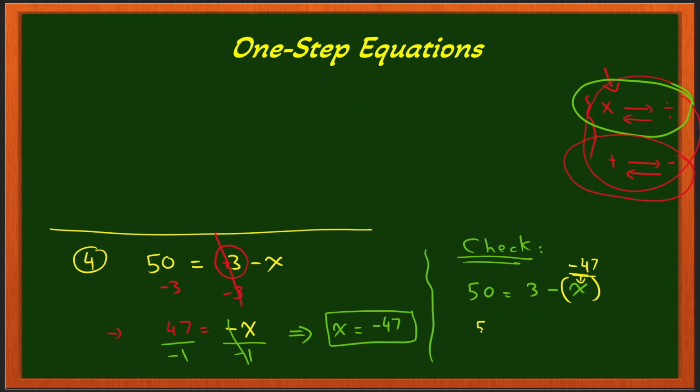So the equation is going to be actually 50 equals 3 minus negative 47. And the double negative signs here make a positive sign. So 50 is indeed equal to 3 plus 47, which is 50. So our answer is correct.